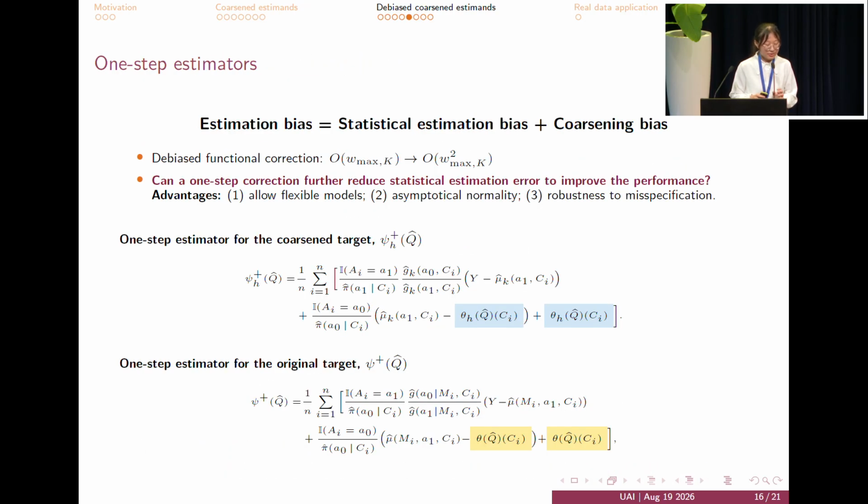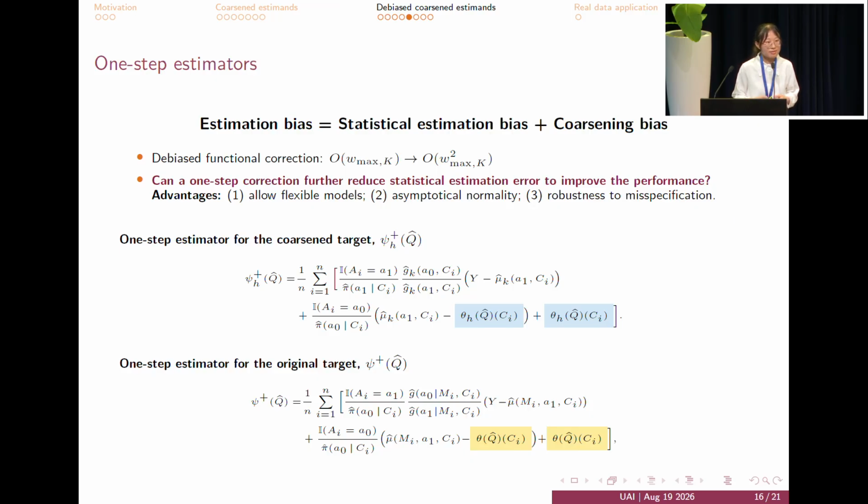Besides reducing the coarsening bias, could we do something more to help with the statistical estimation bias? Generally, the one-step estimator is attractive because it has good properties: it allows for flexible machine learning models, and it has asymptotic normality. It is robust to model misspecification.